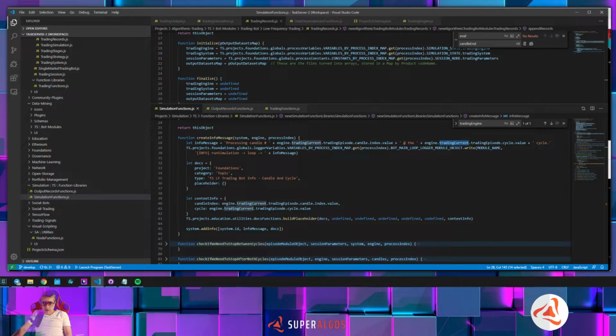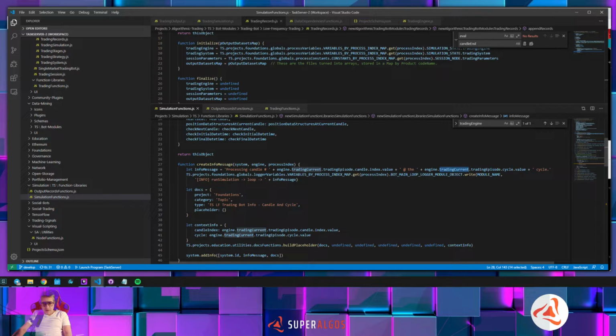Because the problem is, when we are going to be at the portfolio bot, this is not going to work. Okay.